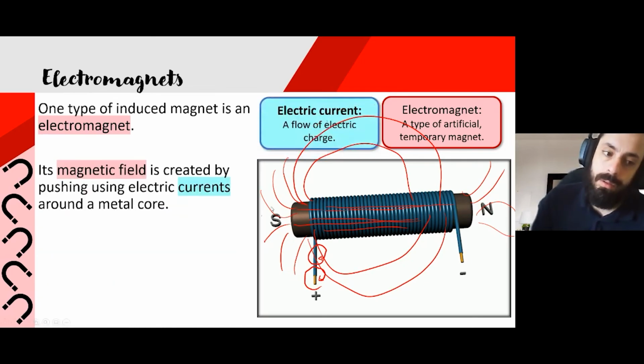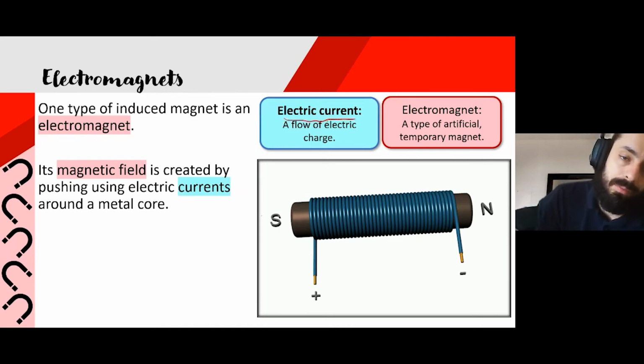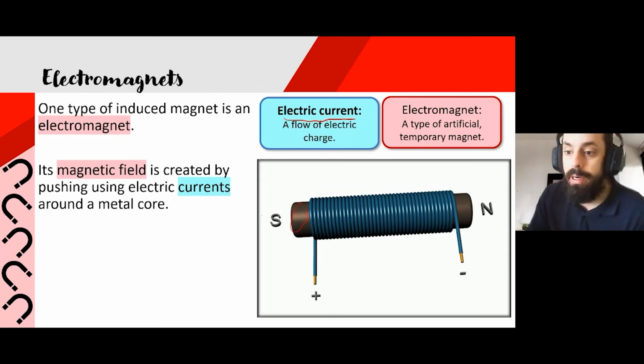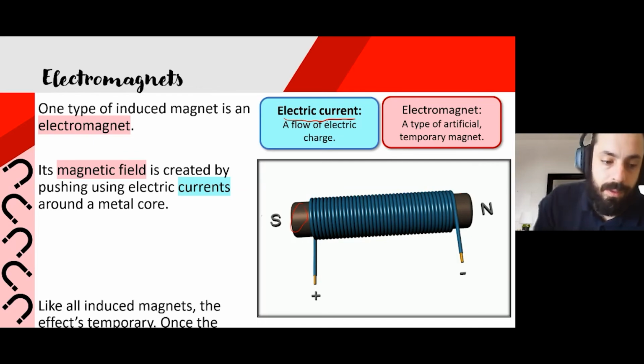Okay, so how is, once again, this magnetic field created? So this magnetic field is created thanks to electric current. It's an electromagnet, so it needs electricity. So you don't even need a metal core here. Just with electricity, if you coil a wire like that, you will be able to create a magnet, okay?